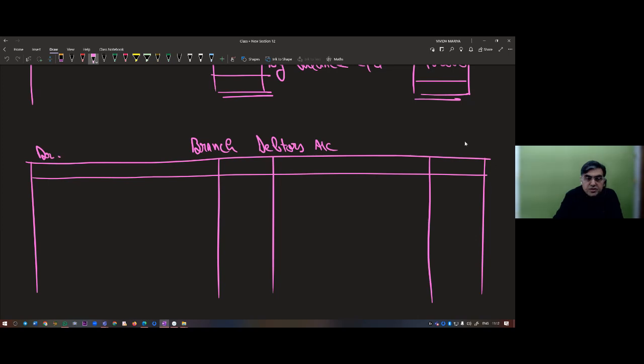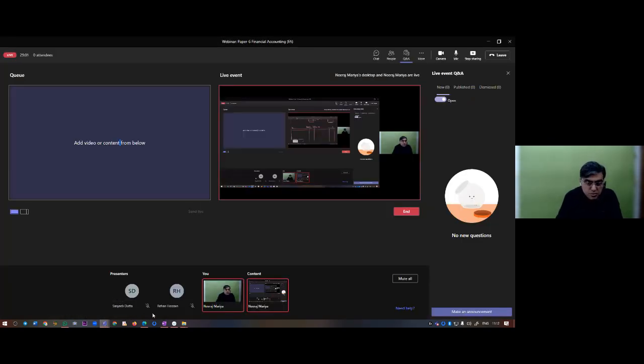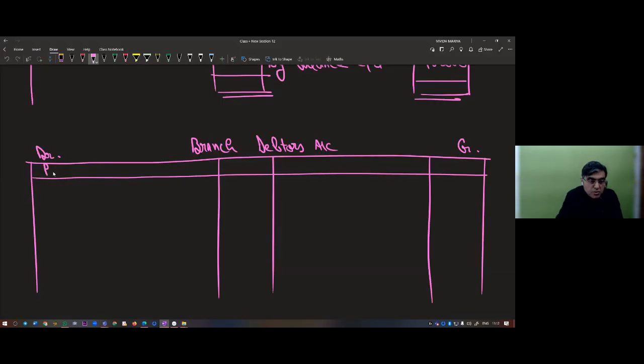Branch debtors account. To balance brought down.